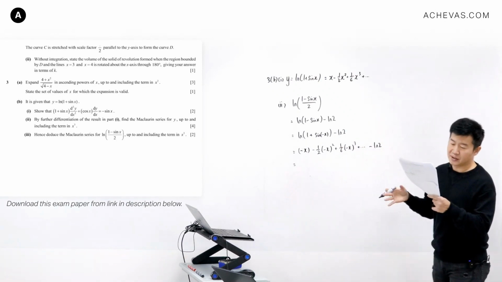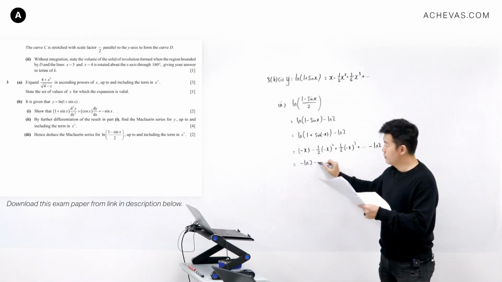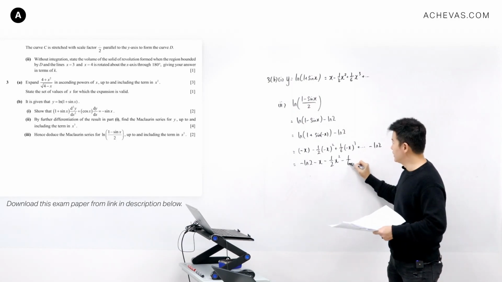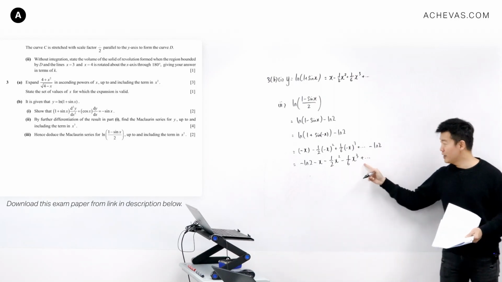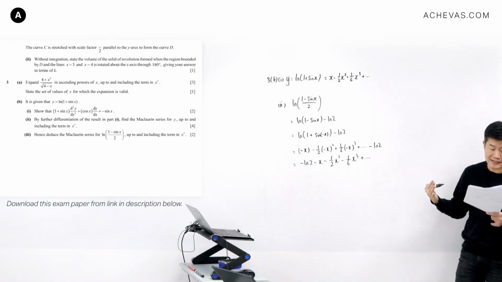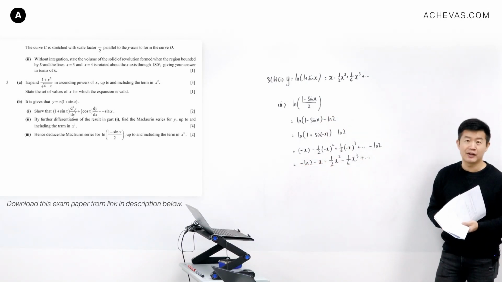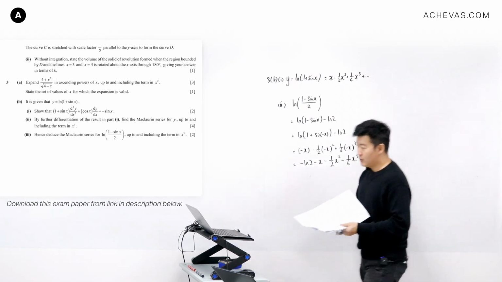Let me just write down minus ln 2 in front. Okay, so we will have minus ln 2 minus x minus 1 over 2x squared minus 1 over 6x to the power of 3. And let's not forget about this, all the way until infinity, because we are doing a Maclaurin series, which aims to re-express it into an infinite polynomial. Okay, let's move on.